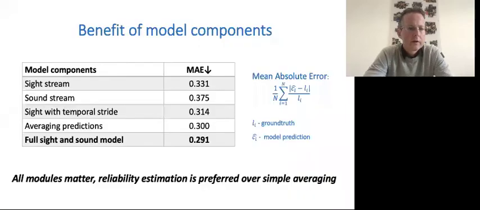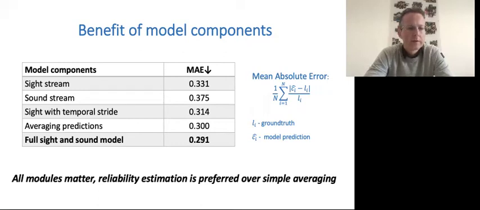So first we are ablating the benefit of the different model components, and we are reporting the mean average error. So we are predicting how often a count repeats itself in the video, and we compare this with the ground truth and report the average error. So the lower the mean average error, the better.